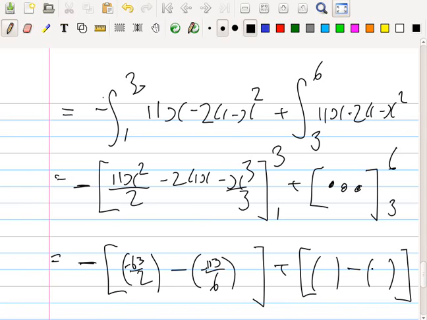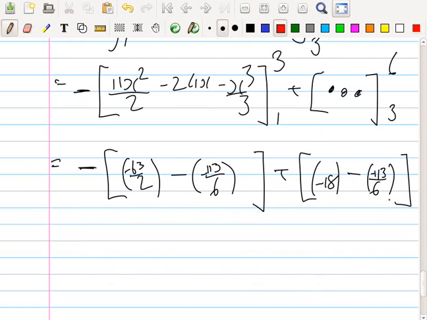And then that will be the same here, minus 113 over 6, because I'm putting in 3 in this one also. And then I put in 6 in here. 6 squared is 36 times 11 divided by 2 minus 24 times 6 minus 6 cubed over 3. That's minus 18.